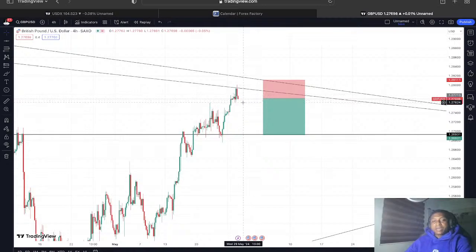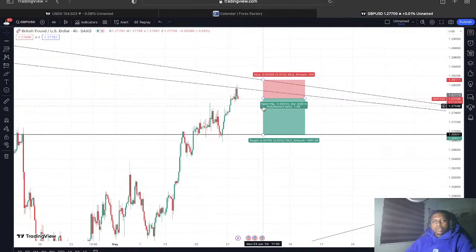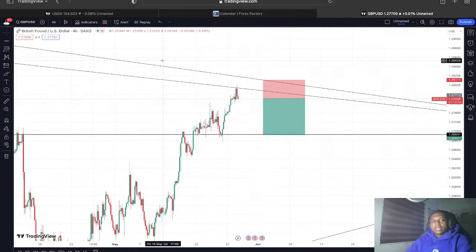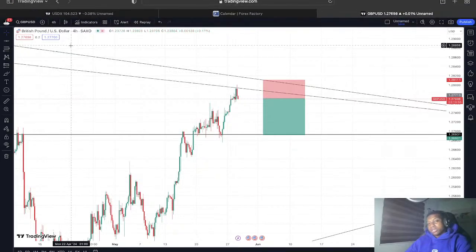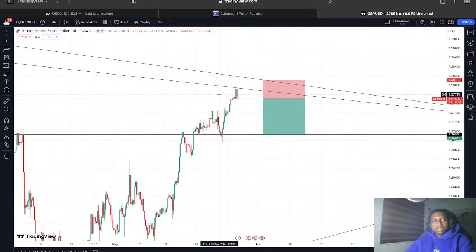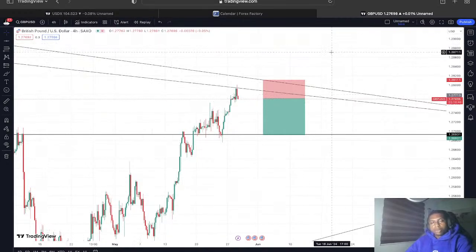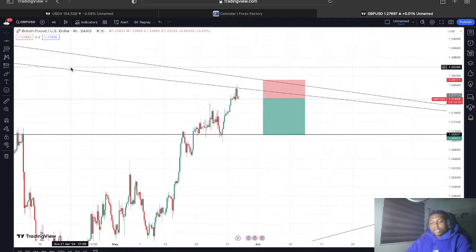I have a bearish outlook on pounds USD, as you can see. So currently selling pounds USD in my account, selling the euro USD. If you're just joining, you can go back to my explanation on Euro USD.